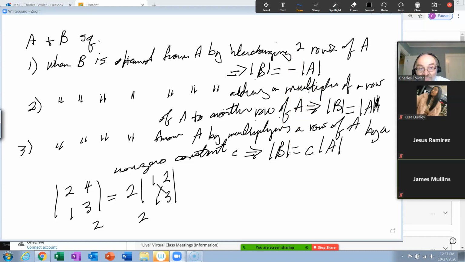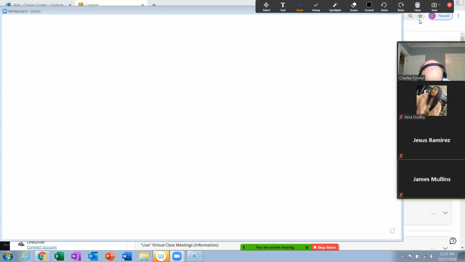Okay, so let's do example 2. Can I erase this now? Okay. Find the determinant of this. Here's matrix A, their favorite of all time. 0, negative 7, 14.